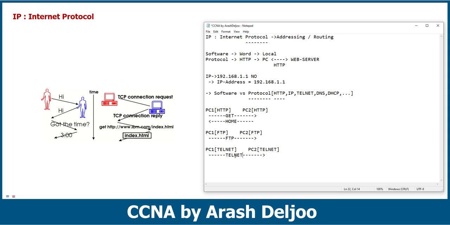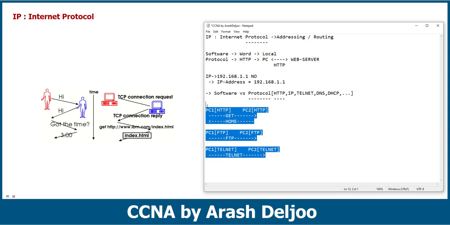Very good. Until now, we learned about two concepts. The first concept is the difference between software and protocol, and now we know that we need to talk about protocols in the CCNA course. After that, we learned about the protocol and its definition. A protocol is the same language between two systems for a special usage.